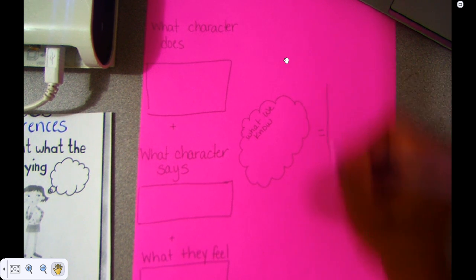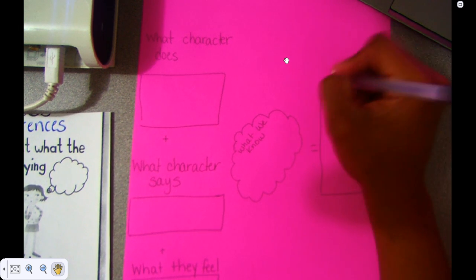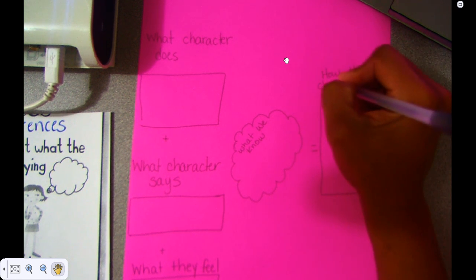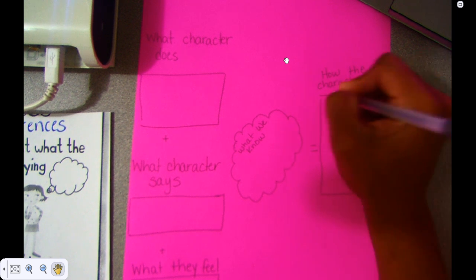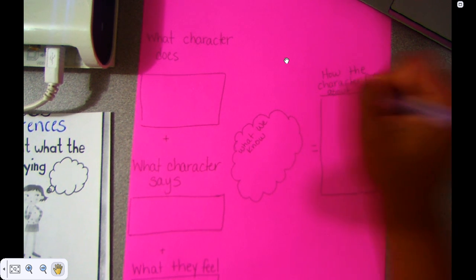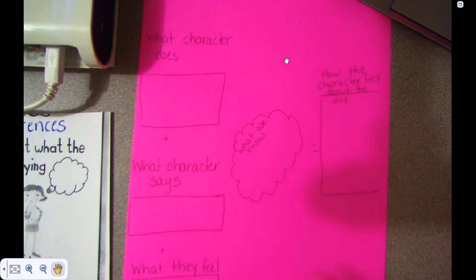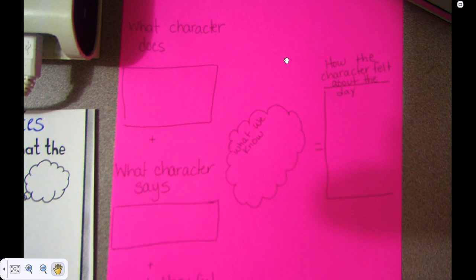And my end goal after reading this story is figuring out how the character felt about the day. And I know that's a lot, but if you want to go ahead and pause this and make this chart for me.